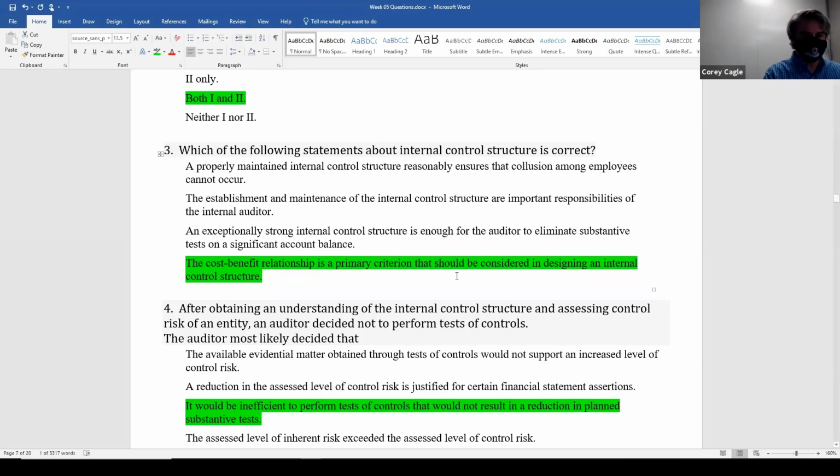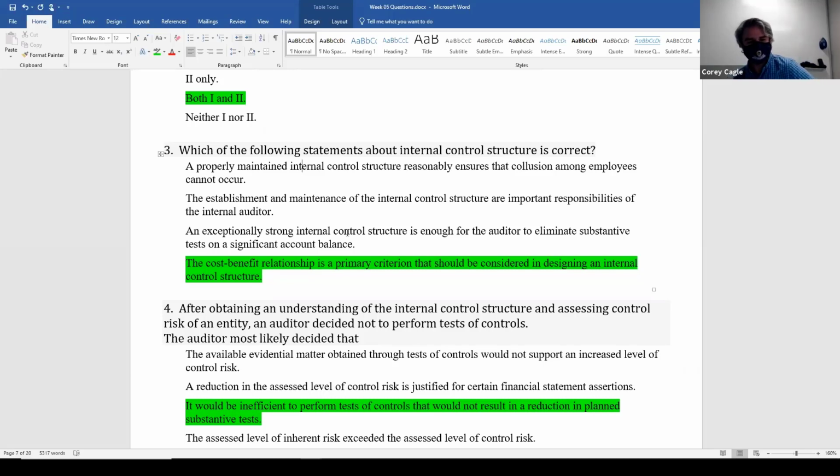But looking at the others to pick them apart a little bit. A says a properly maintained internal control structure reasonably ensures that collusion among employees cannot occur. Collusion is one of the things that's often mentioned as a good way to bypass a control. That's a problem, right?